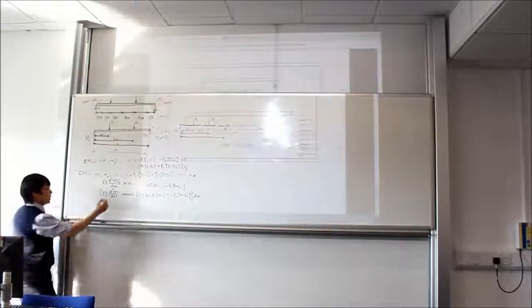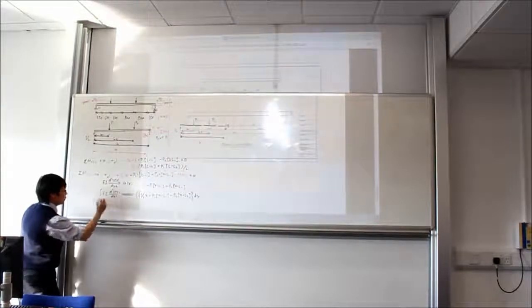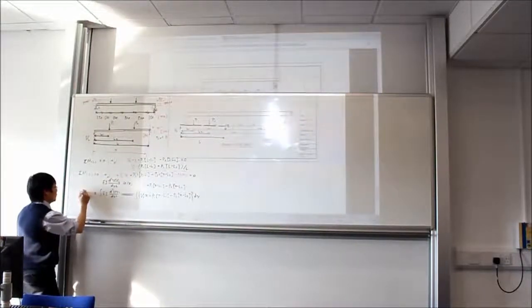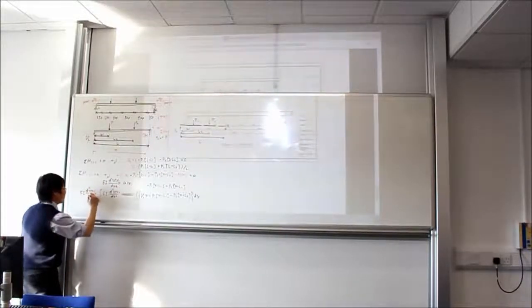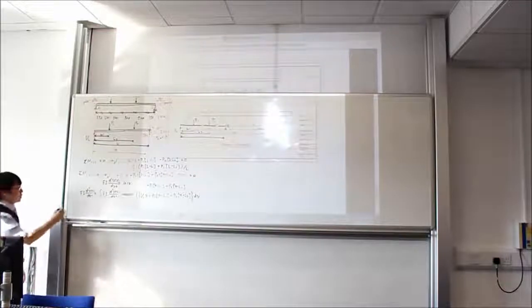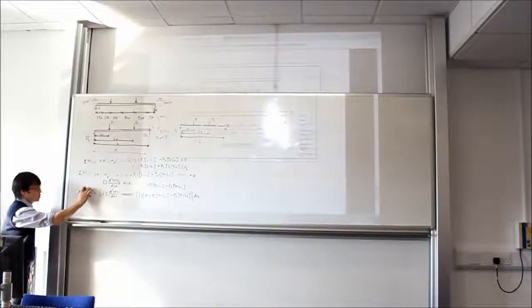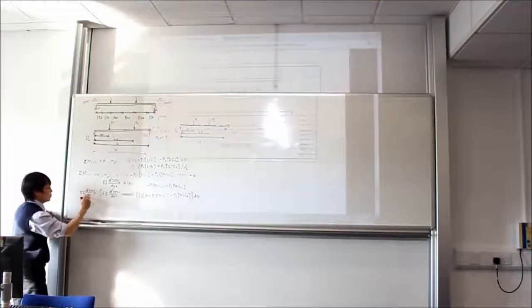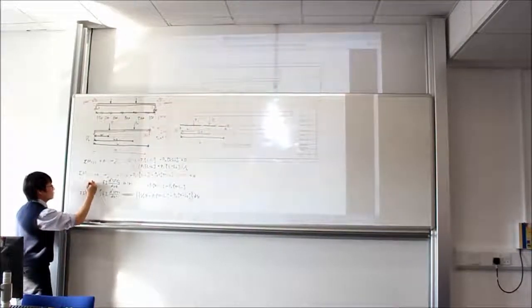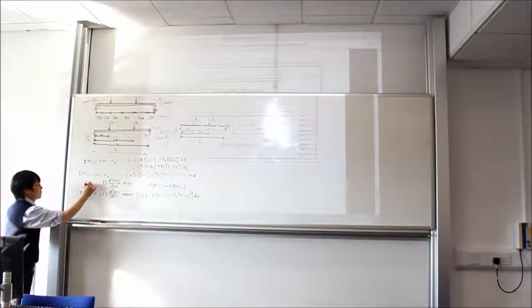The first time, if you integrate this one, this gives you the EI dV x over dx. So this one is the rotation, okay? So theta x. That's actually the theta x.